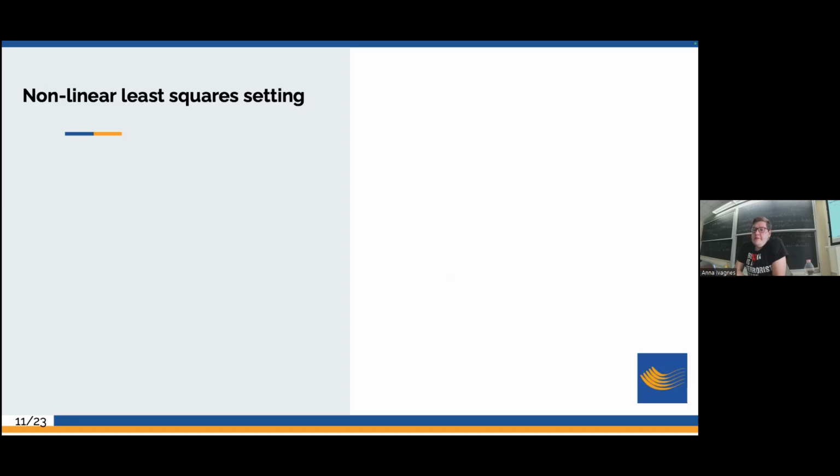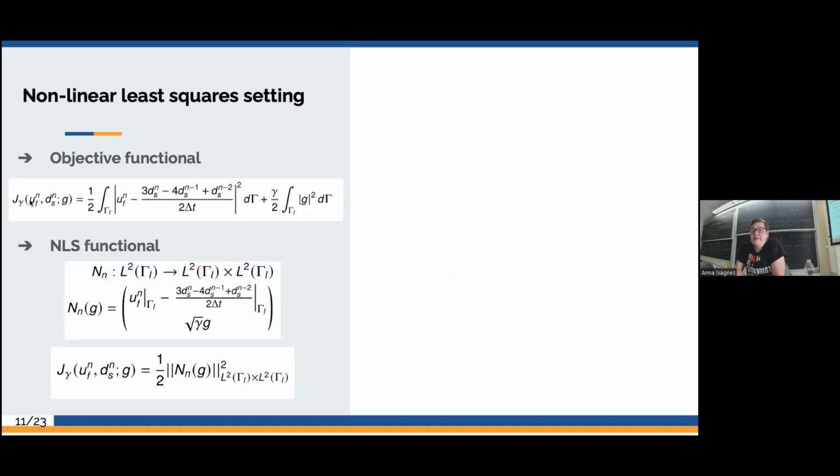In order to deal with the optimal control problem, we resort to the so-called non-linear least squares setting, which is basically writing our objective functional in the following form, where the functional is defined on the L2 spaces here, and the objective can be seen as an L2 norm minimization of this functional.